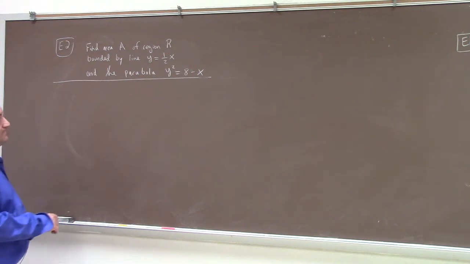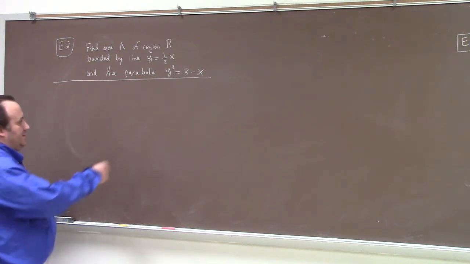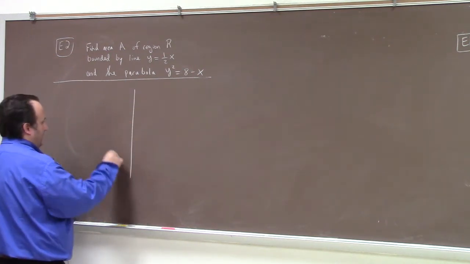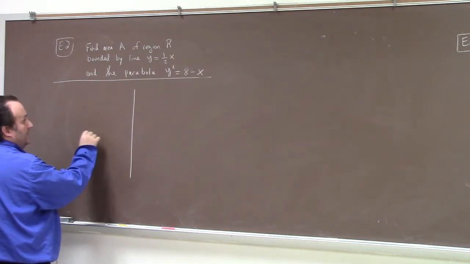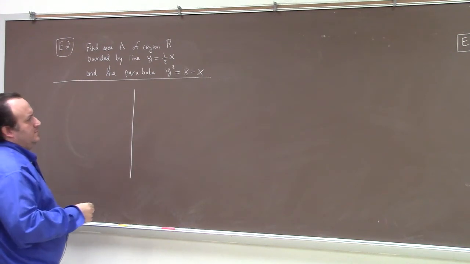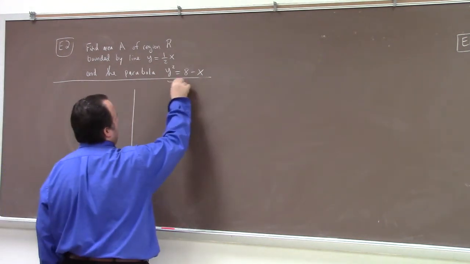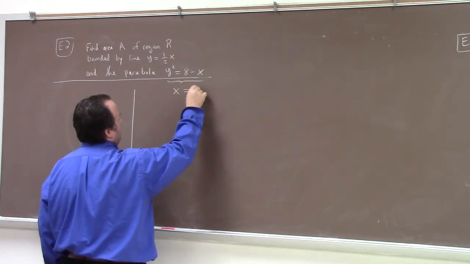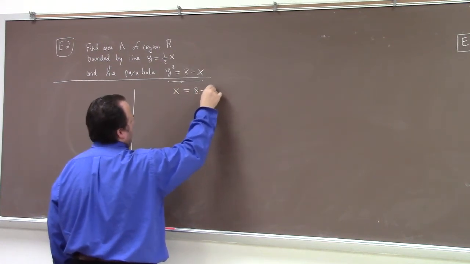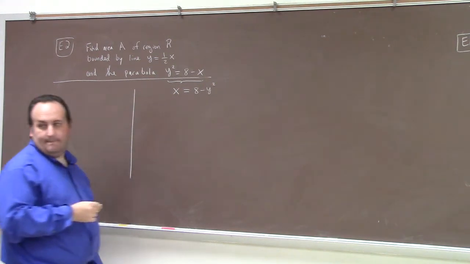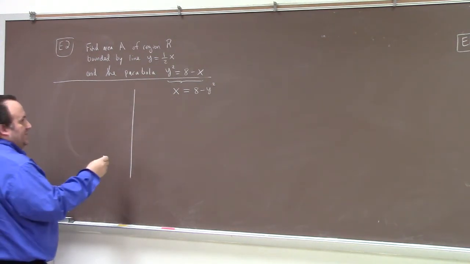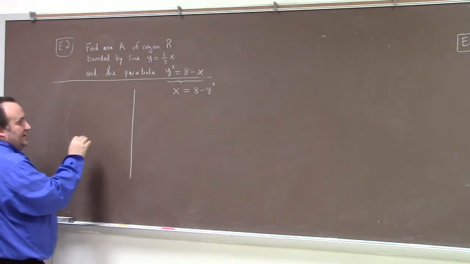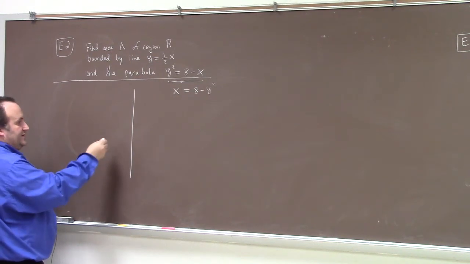Okay, so I'll try to make a picture of this. Another way to look at this, which I think is helpful, is x equals 8 minus y squared. I do that because then I can see that it has an x-intercept of 8.